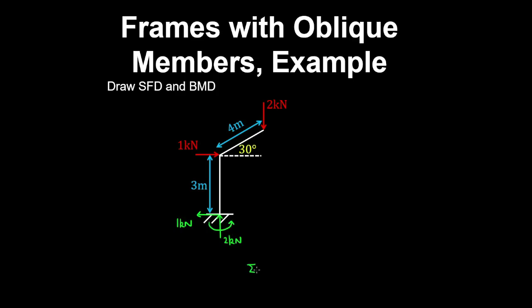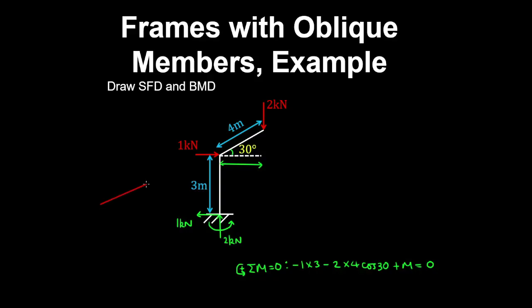So by equilibrium of moments about the fixed support, with the anti-clockwise being positive, we have minus 1 kilonewton by the moment arm, minus 2 kilonewtons by the moment arm, which is 4 cosine 30 degrees. And plus the moment reaction is 0.